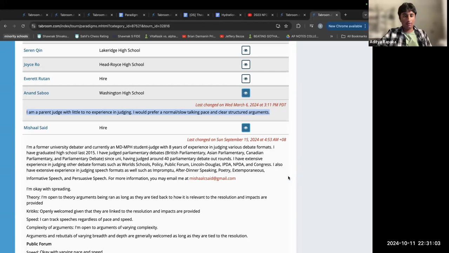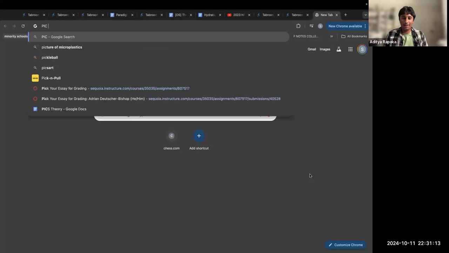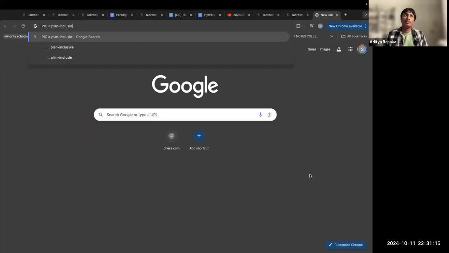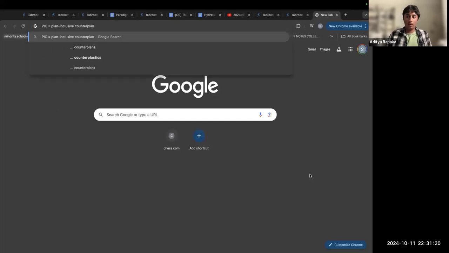Okay, yeah. So pick stands for plan inclusive counterplan. So it's not picking one section, it's not what you thought it was. It just means that the opposition is taking the government plan in a policy round and making a very slight change. A pick inclusive is a plan very similar to the government's, but with one added thing.